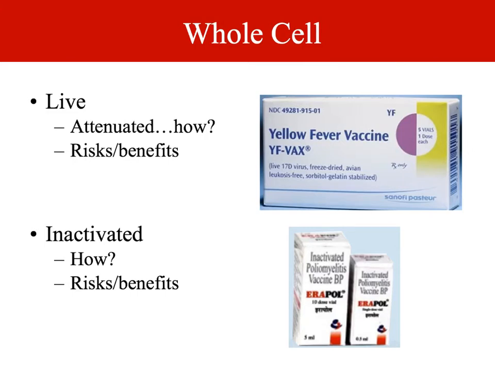Okay. So, the first type of vaccine I want to talk about are whole cell vaccines. And you can have live ones or you can have inactivated ones. Live attenuated whole cell vaccines are made attenuated in a few different ways, some of which were on that diagram, but they include generating temperature sensitivity so that a live pathogen doesn't survive well in the human body.